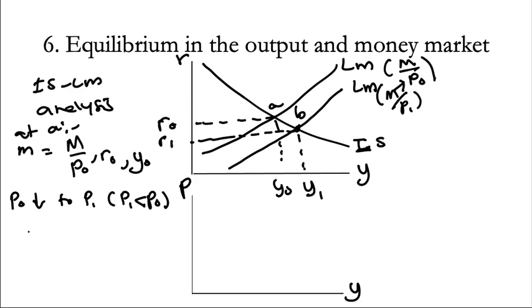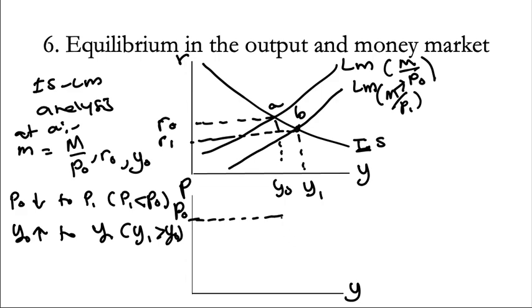We also can see in the first graph, Y naught increases to Y1 such that Y1 is more than Y naught, isn't it? Okay, it's just repetition. So we have P naught here, Y naught here, and call it A prime, corresponding to equilibrium at point A in the first graph, ISLM analysis.